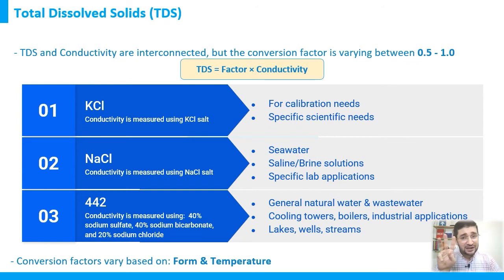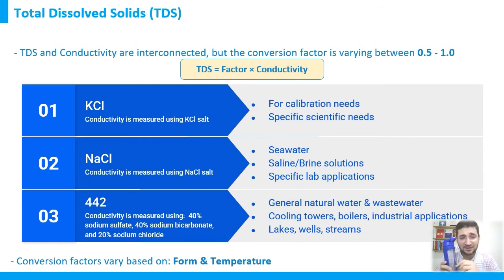But there is a third measurement option you can find in some instruments. It's called natural water or 442. That means we assume that this water has three different compounds. The first, 40% of these ions, is represented by sodium sulfate.